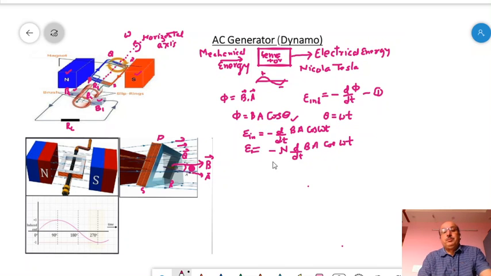Now we know the magnetic field produced by this permanent magnet is constant, and the area of the coil is also constant. So they will come outside the differentiation, then d by dt of cos omega t.